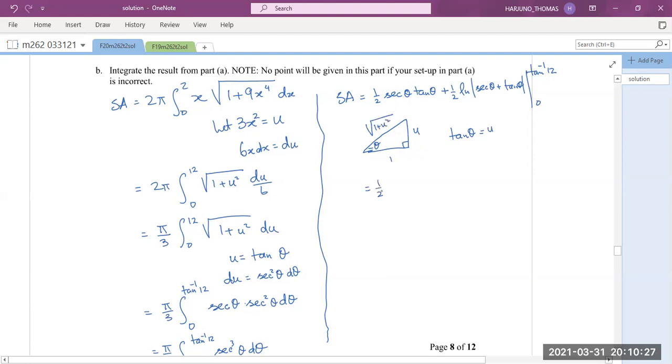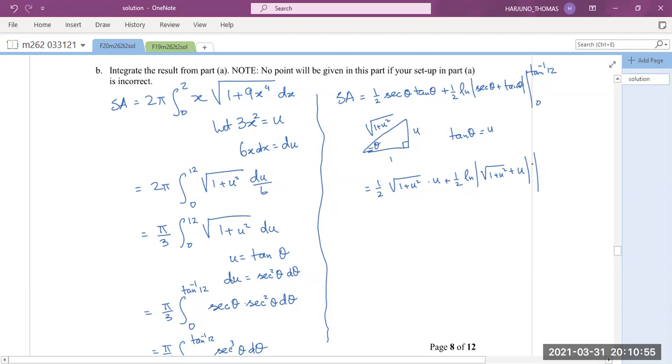Then secant theta is the square root of 1 plus u squared, right? Tangent theta is u, plus 1/2 natural log of secant theta, which is the square root of 1 plus u squared plus u.